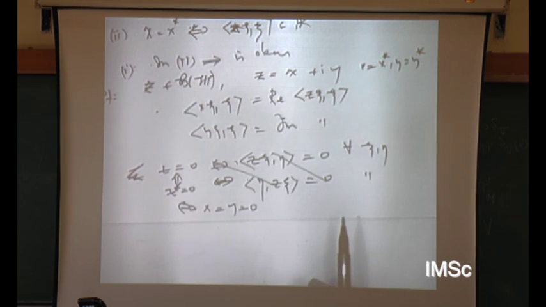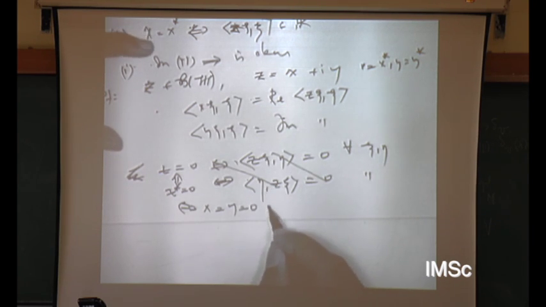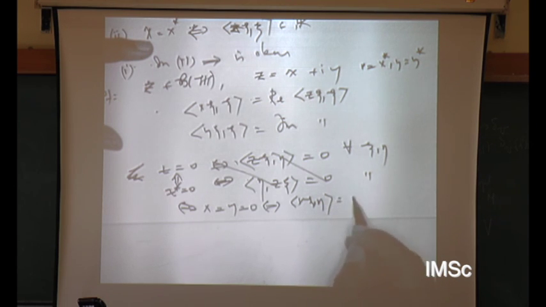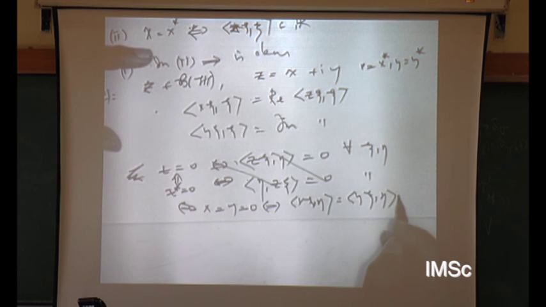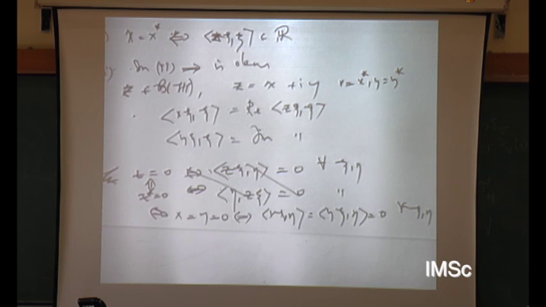But for self-adjoint x and y, we have shown that this is equivalent to x ξ η equals y ξ η equals 0 for all ξ, η. This is true for any operator: being 0 is the same as the sesquilinear form being 0.